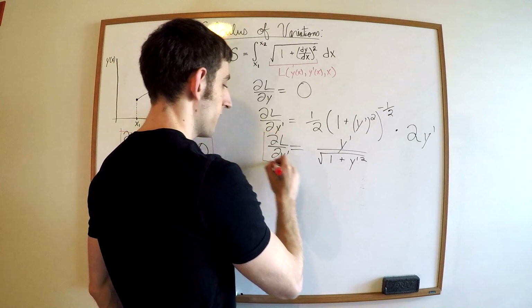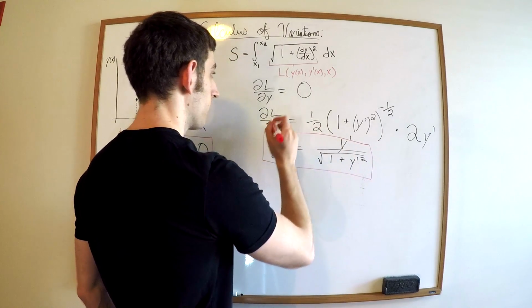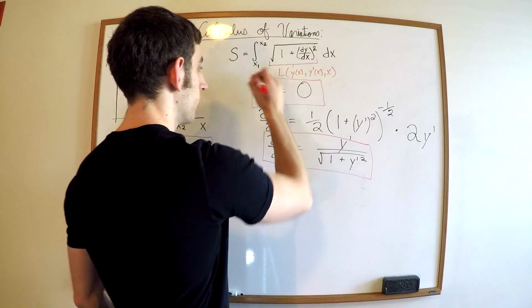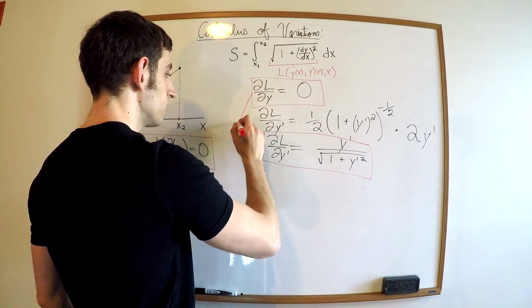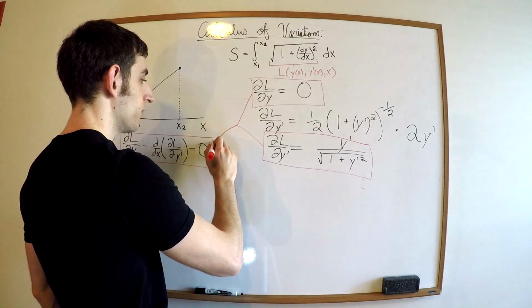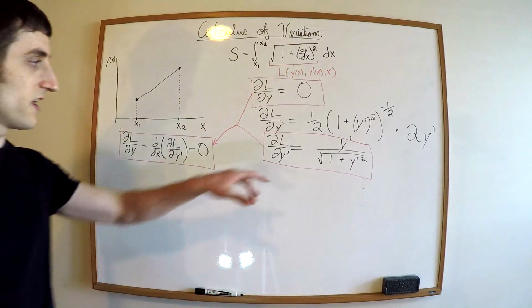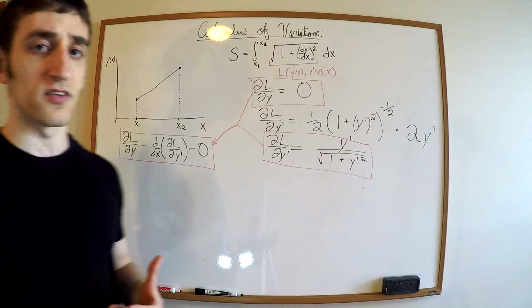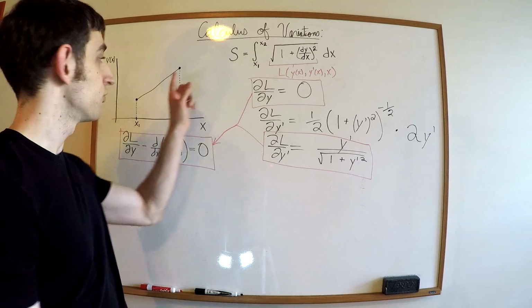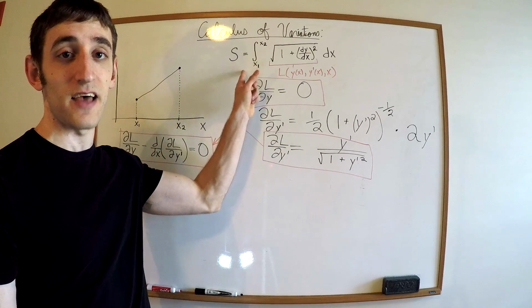We get this result. So we're going to use all these results and dump them all in here, and figure out what that can tell us about the path between these 2 points that minimizes this s.